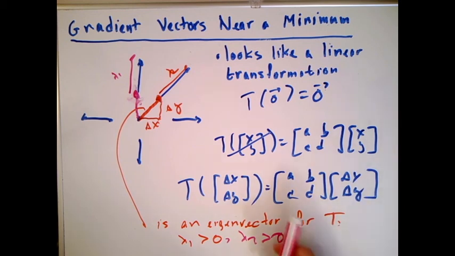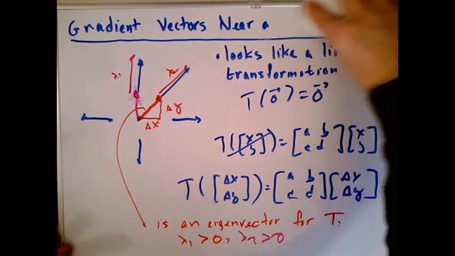Now, if someone says, I don't even know ABCD, that's the cool part here. If it's a minimum, all the vectors that we're plugging in get stretched in the same direction, but positive. So that's going to make the eigenvalues both positive. What happens if we're near a maximum? How does that change?